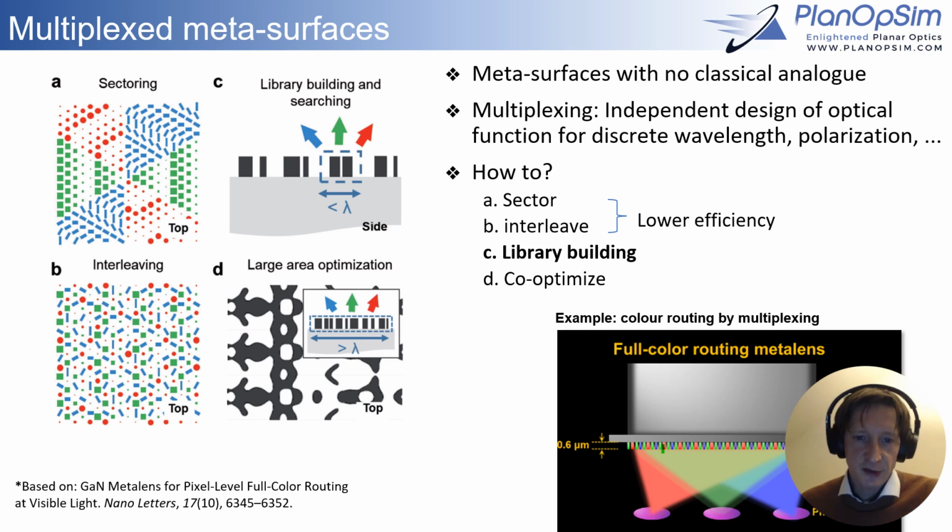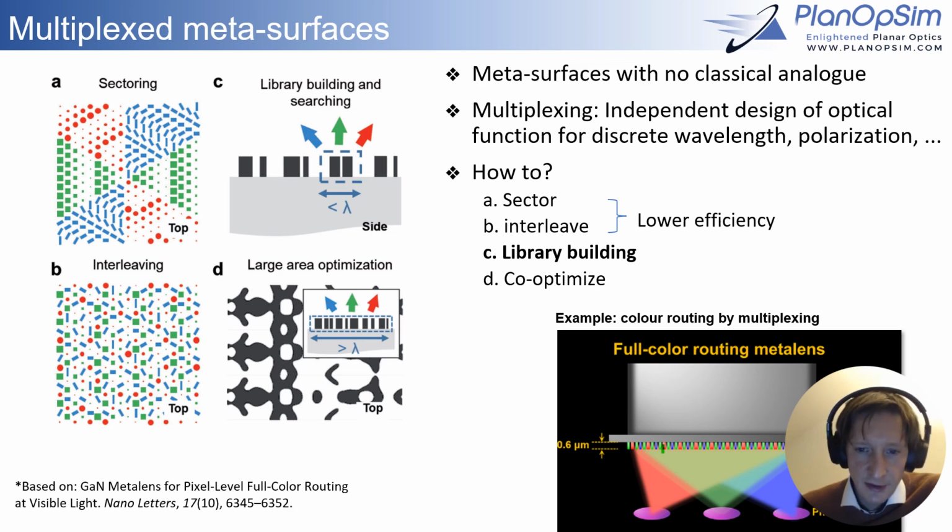The third one is to build specific libraries that have a distinct and independent behavior for the different incident conditions, for instance, different wavelengths. And then finally, there's also the option to co-optimize for this behavior over the entire nanostructure behavior. In this example, we will mainly focus on the library building approach.